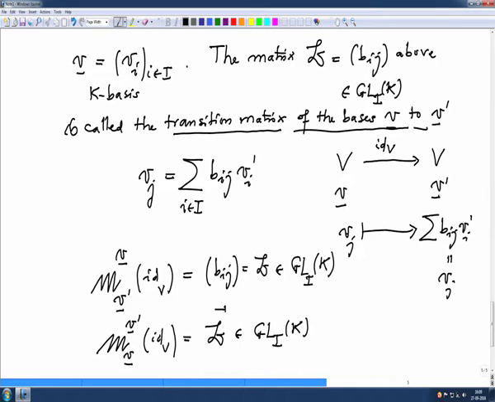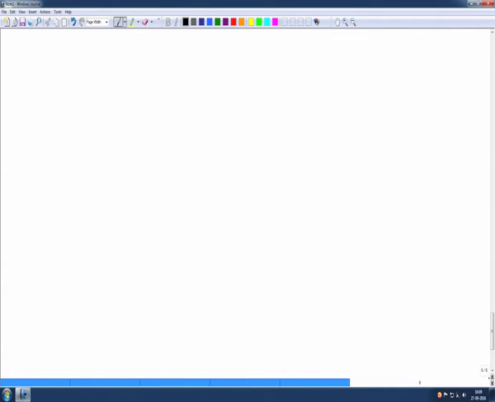It's the inverse of this matrix. Okay, so next now we do it more. So let me write it as a theorem.